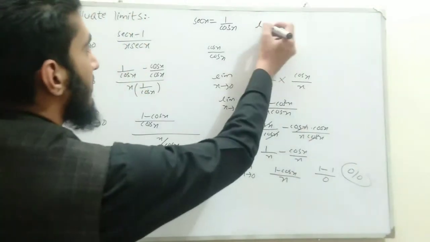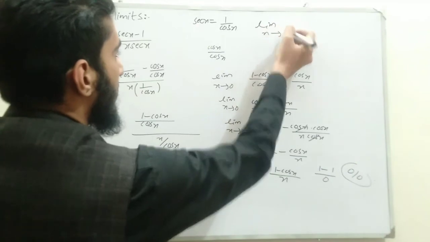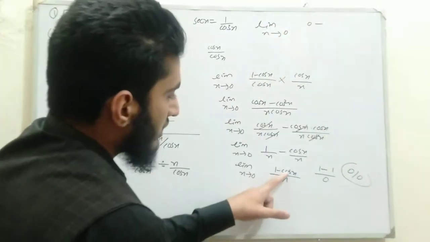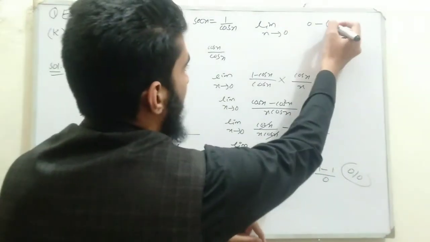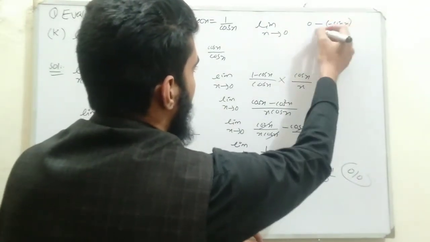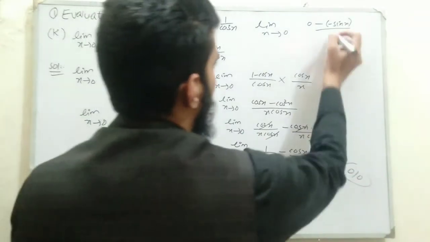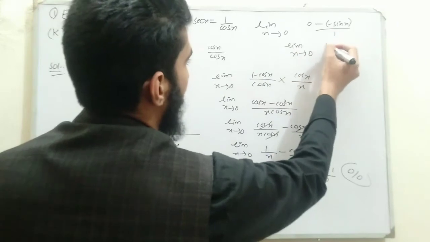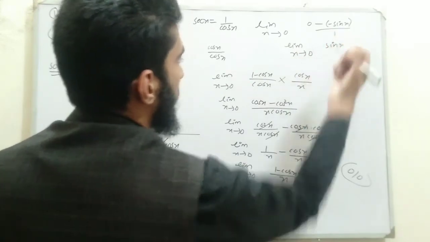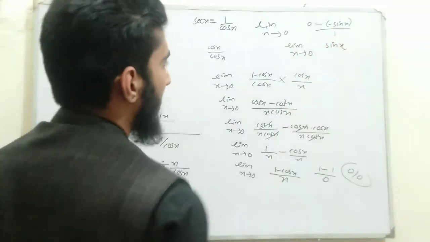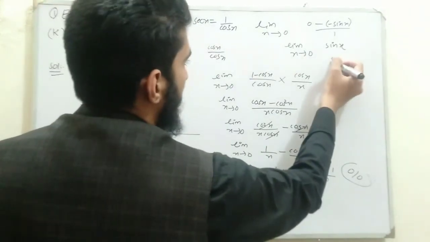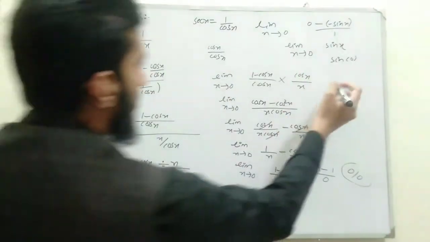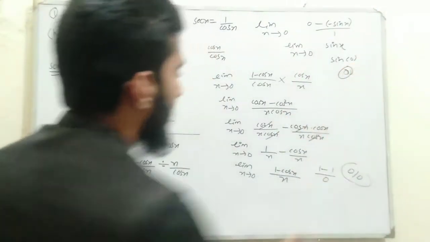So it becomes limit x approaches 0, the derivative of the constant 1 is 0, so it becomes 0 minus the derivative of cos x, which is minus sin x, divided by the derivative of x, which is 1. So it becomes limit x approaches 0, minus minus gives us sin x, and divided by 1, sin x will give us sin x. Now applying the limit, sin of 0, and we already learned that sin 0 is equal to 0. So the whole result to the problem is 0.